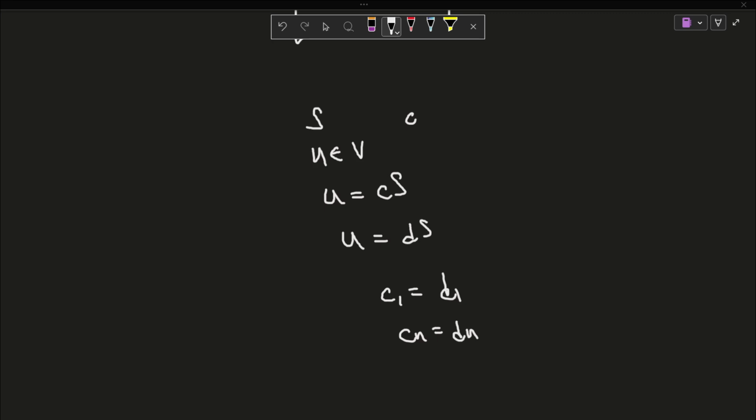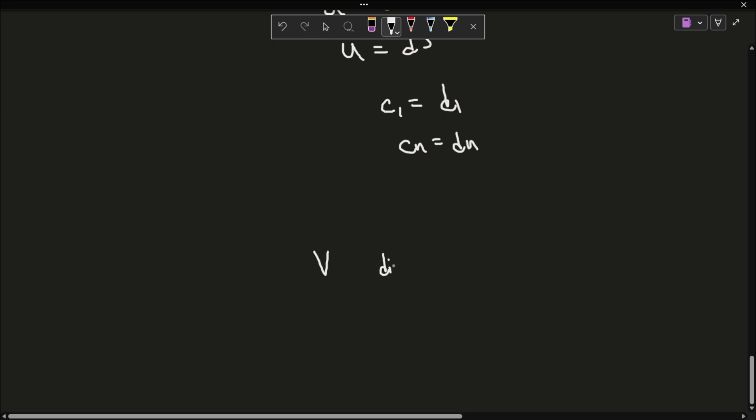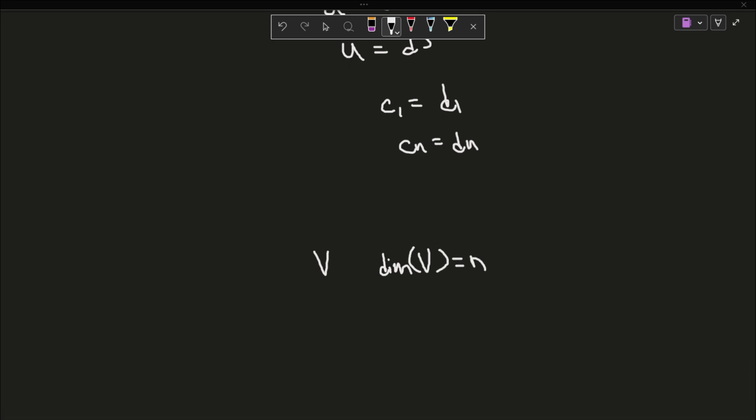Okay, then theorem 6. Let V be an n-dimensional vector space. So let's say we have V and dimension of V equals n. Basically, two parts. If S is a spanning set for V, then some subset of S forms a basis for V. That is, S can be reduced to a basis by deleting from S a suitable number, perhaps zero, of vectors.